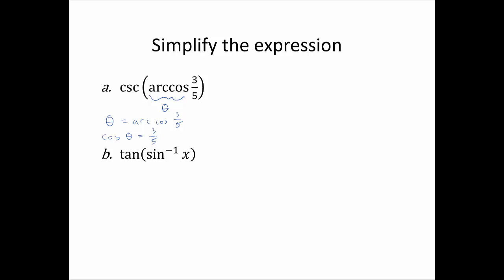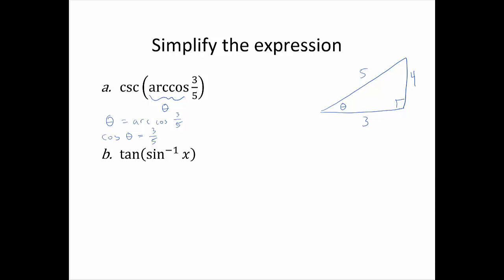And so now what I can do is I can draw a right triangle, and I'll call this theta. Now if the cosine of theta is 3/5, remembering that cosine in right triangle trigonometry is the adjacent side over the hypotenuse, so cosine theta is 3/5. And then from the Pythagorean theorem, we know that the remaining side of the triangle would be a 4.